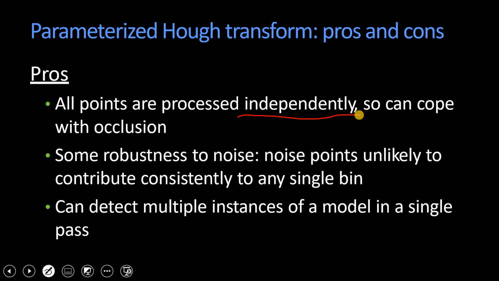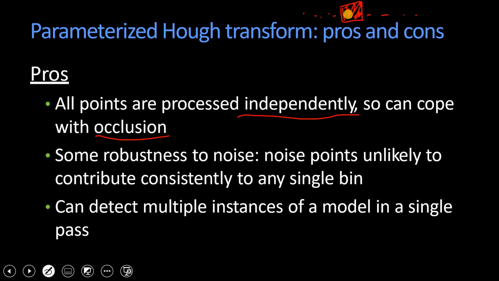So if there is some sort of occlusion, what is occlusion? We saw it somewhere in the first or second chapter. In image processing, occlusion means one image is hiding behind another. For example, if you have edges like this, and some part of the edges is hidden because of some shape in front.